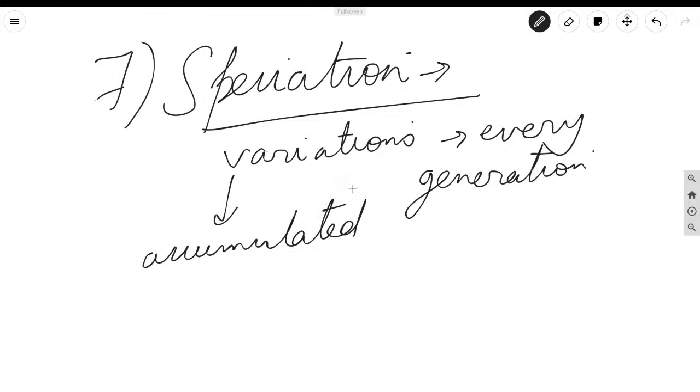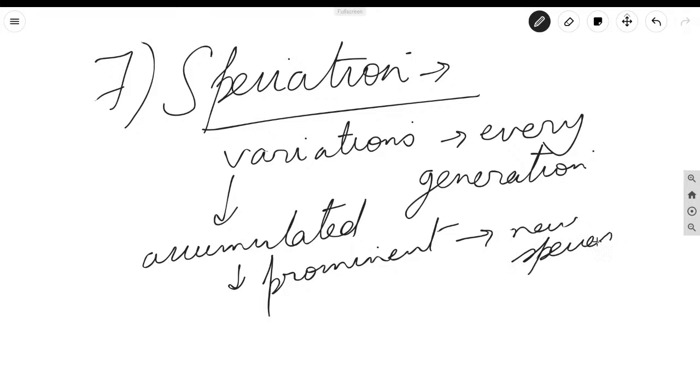Logically, they keep on getting accumulated, and after a certain number of generations, 10 or 20, the variations become very prominent in those specific genes where they have occurred, and that leads to the individual becoming a new species, whether allopatric, parapatric, sympatric or peripatric.